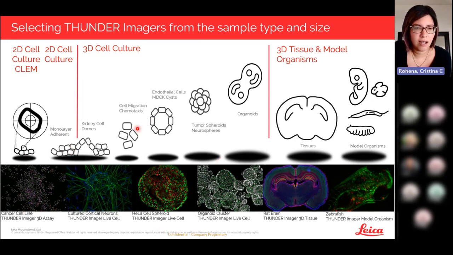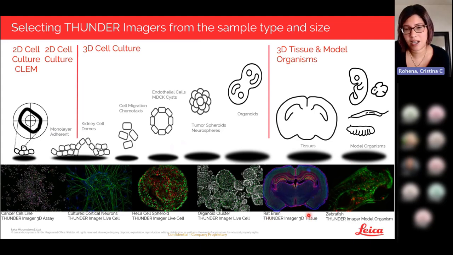you now have more 3D structures, forming spheroids and neurospheres. Examples shown here at the bottom are the spheroid with cortical neurons and this organoid cluster. And then even further, as you move into thicker 3D sample types, whole tissues and actual model organisms.